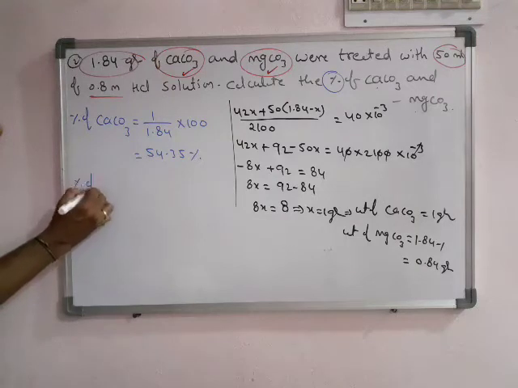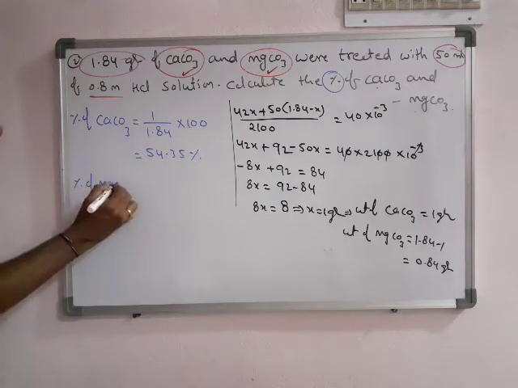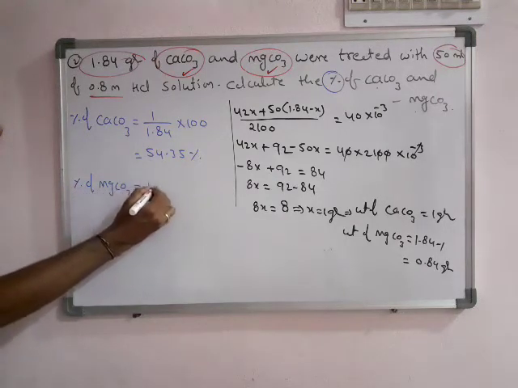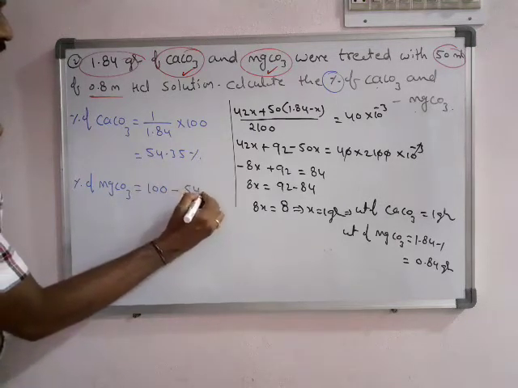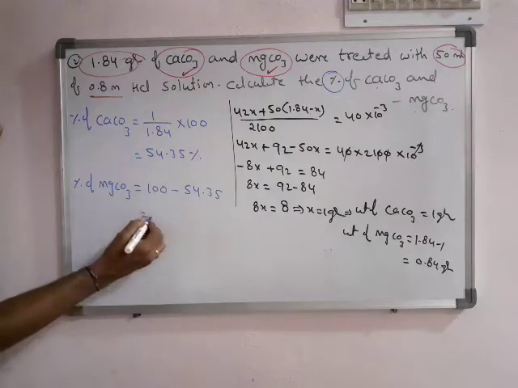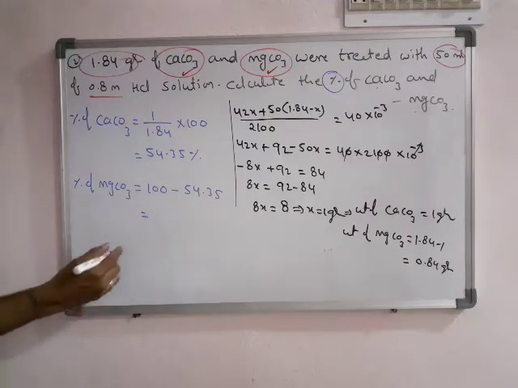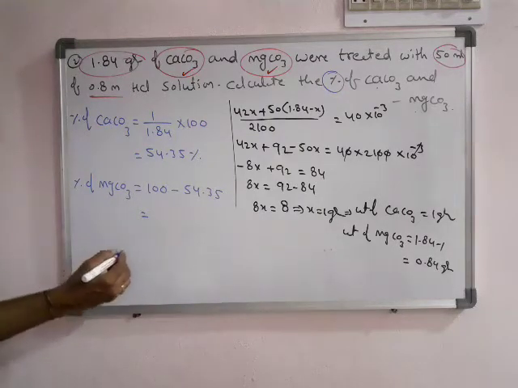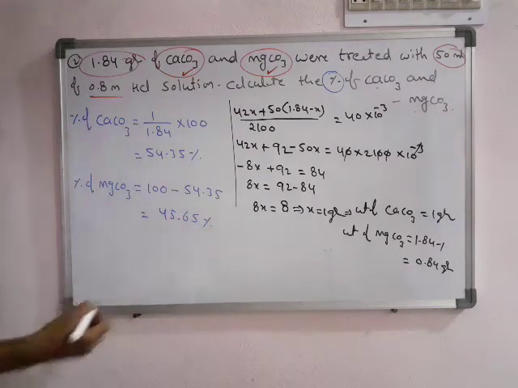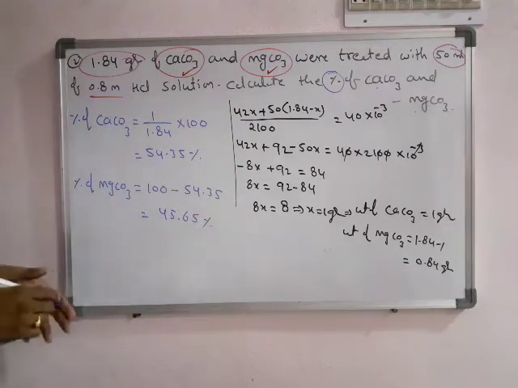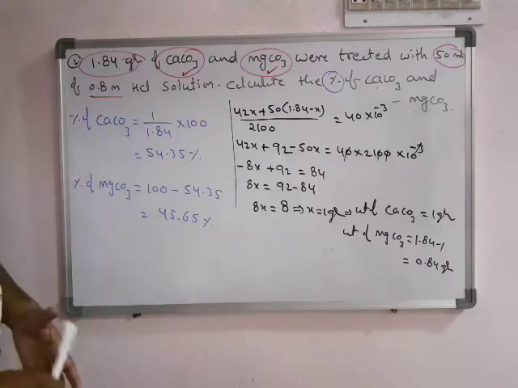And what is the percentage of MgCO3? The total percentage is always 100. So finally we will get the remainder. Okay, these are the percentages of CaCO3 and MgCO3.